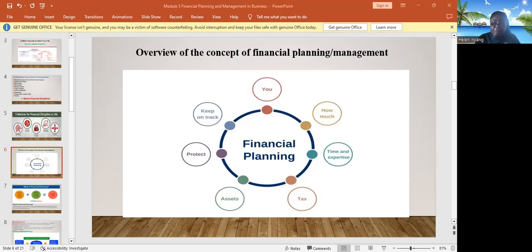Concept 5 is assets. In what form are the assets that make up your wealth held? And does this reflect your needs, your attitudes, and your preferences?